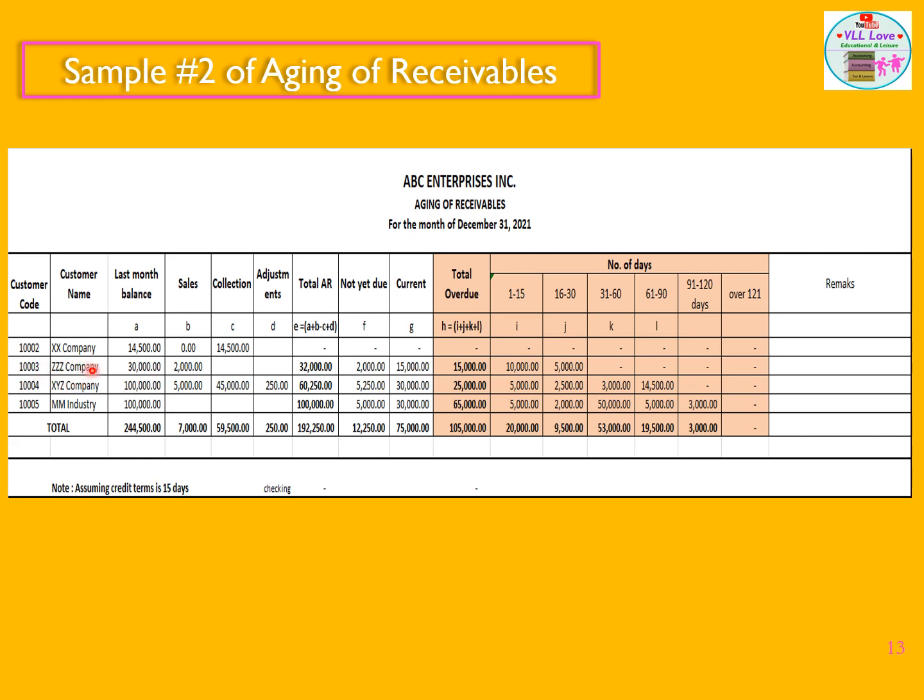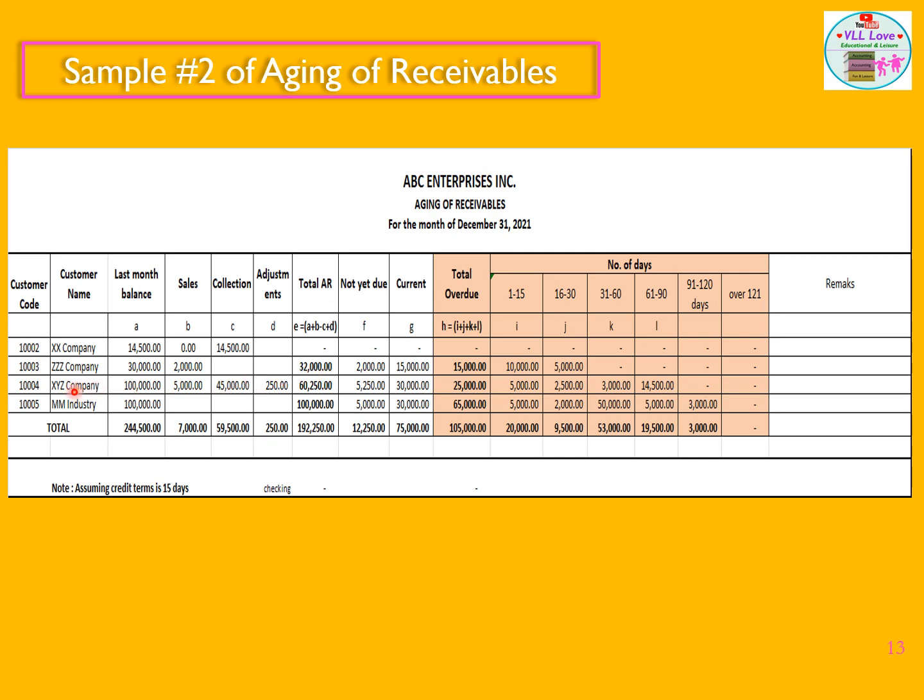For XXX company, we have a last month balance of 14,500, no sales, with collection of 14,500, and the total AR is 0.